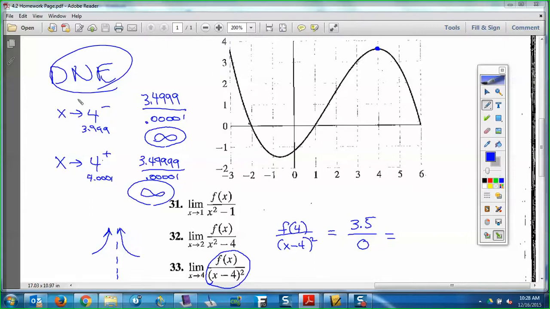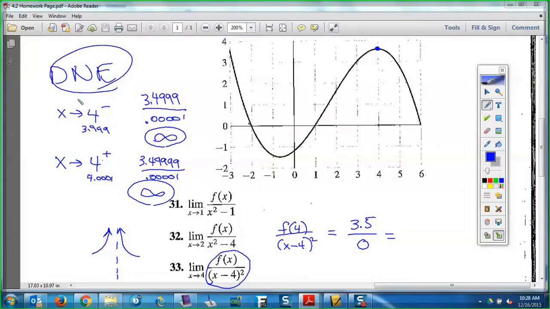But we've gone a little farther into detail on that problem, and we've said, hey, the cars don't meet at 4, the limit doesn't exist, but we've also said what's happening. To the left of 4 and to the right of 4, this graph is going to infinity. But again, it all started because when we first plugged in our 4, we got this. So it was the third of those options in our notes there.